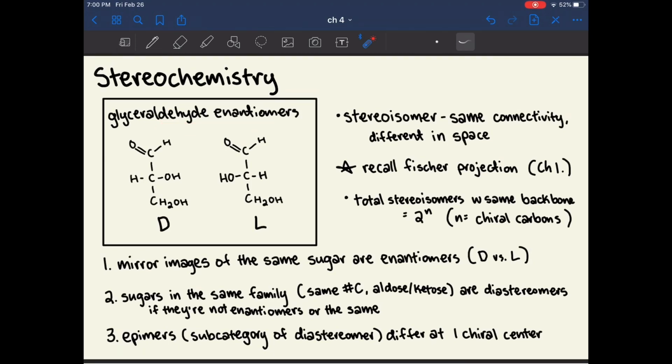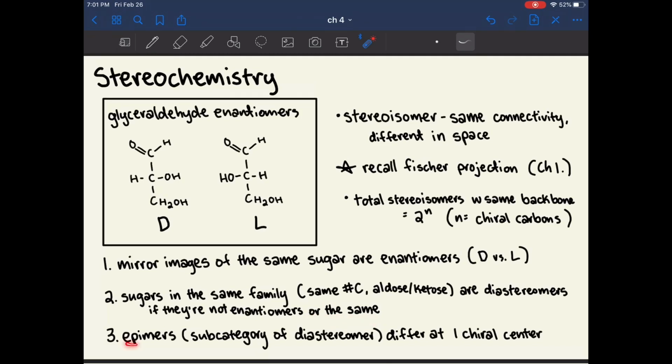There are 3 rules for categorizing the stereoisomers of sugar molecules. The first 2 are for organic chemistry in general, and the third is exclusive to sugar molecules. So the first rule is that mirror images of the same sugar are known as enantiomers, and they're either D or L. The second rule is that sugars in the same family, which means that they have the same number of carbons and they're both aldoses or ketoses, are diastereomers of each other as long as they're not enantiomers, or if they're not the same.